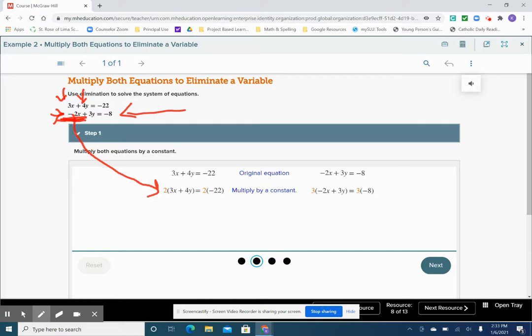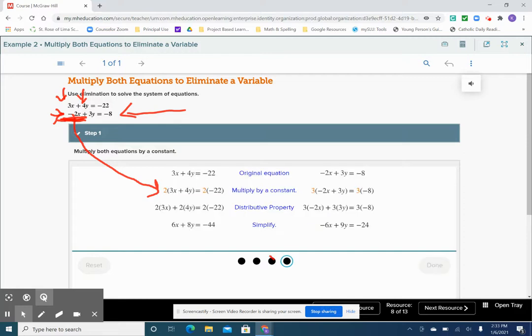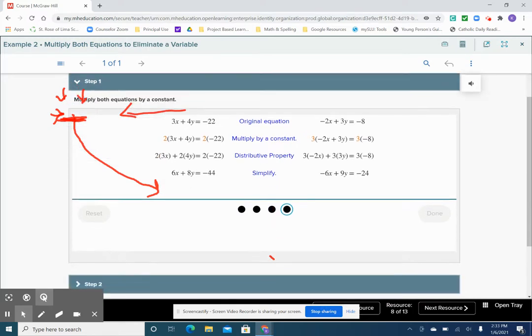Notice that they're multiplying 2 times 3x, 2 times 4y, and 2 times negative 22 to get a new equation. So they use the distributive property. The new equation for the top is 6x plus 8y equals negative 44. Now that is just step 1.